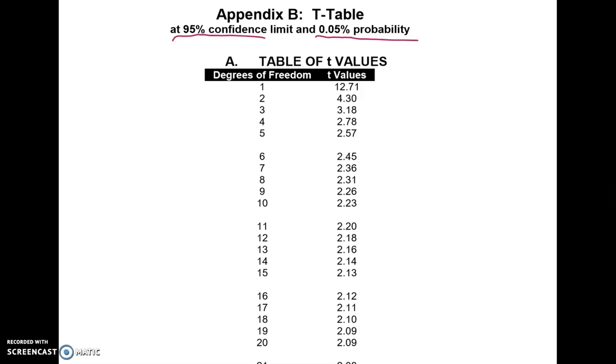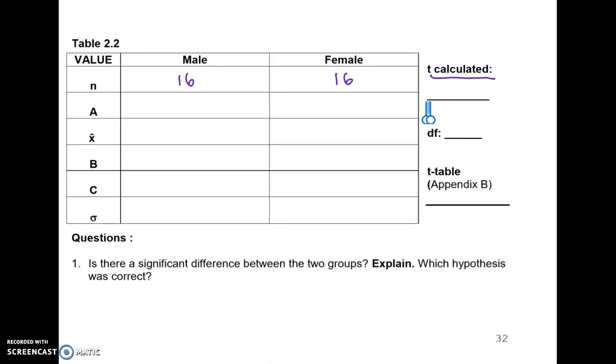That will give our T cutoff value. We have 16 samples in each group, so the DF is 16 minus 1, which is 15. So our T cutoff value is 2.13. Let's go back. We have a degree of freedom of 15, and our cutoff was 2.13 from the T table.